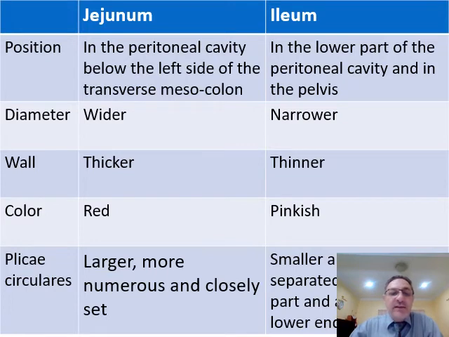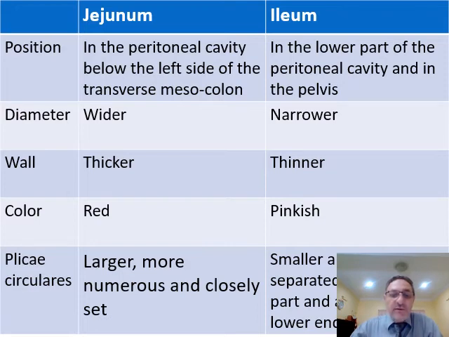Regarding the diameter, it is wider in the case of jejunum and narrower in the case of ileum. The wall is thicker in the jejunum, thinner in the ileum. The jejunum is red, the ileum is pinkish.